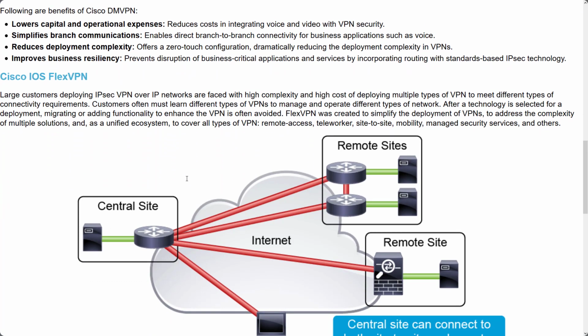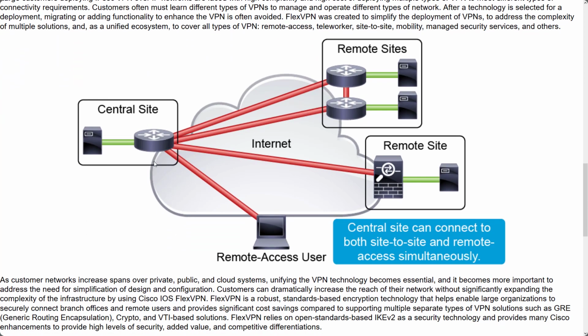Now, we did spend quite a bit of time in one of our previous slides talking about Flex VPN, and I went through the details there, so I'm not going to spend a whole lot of time. But if you recall, it gives us the ability to commingle VPN solutions and VPN technologies as well as VPN architectures. Maybe I have DMVPN and GetVPN and other types of VPNs that I'm using.